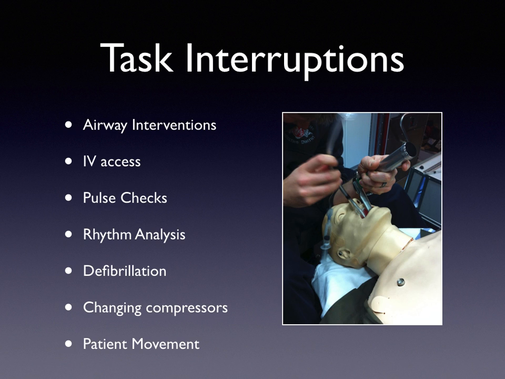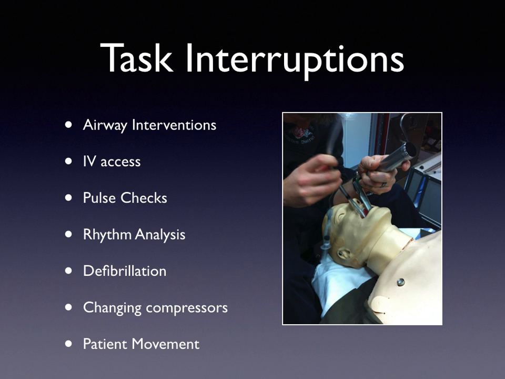Traditionally during CPR, there were multiple tasks we would have to perform where compressions would be stopped. And so what we're going to try and do is not stop compressions to accomplish some of these tasks. The first one was airway interventions. It's very hard to intubate someone during CPR, and so a lot of times compressions would be stopped to accomplish this task. Well, if you look at the teaching from the American Heart Association, we are no longer focusing on an ABC model where the airway comes first.